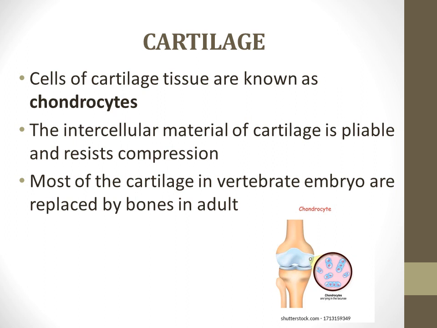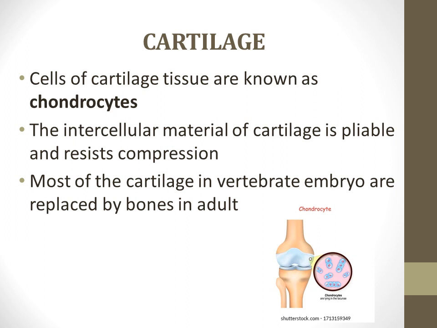Cells of cartilage tissue are known as chondrocytes. Actually, when the embryo is growing, the embryo consists of cartilage tissue. This cartilage tissue becomes an organ known as bone.